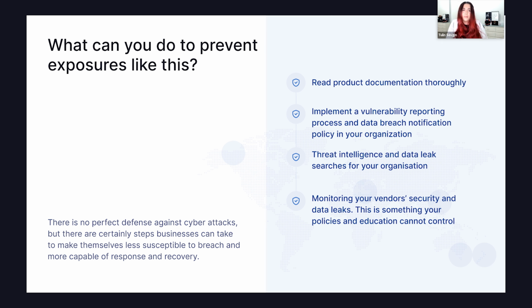So if we think about prevention controls you could put in place, what can people do to prevent exposures like this happening in the first place? The first thing to say is it's tough. If no one has reported on it, it's tough to know to check for it. There are lots of known issues, and you could be more thorough in your security assessment and catch a lot of those.